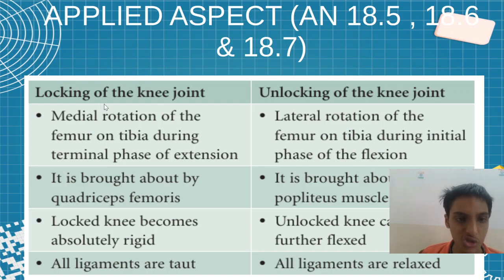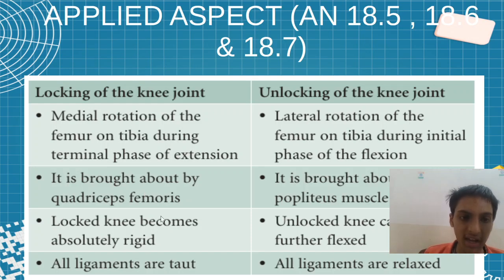So in locking, medial rotation of the femur on tibia during the terminal phase of extension. So the femur rotates on the tibia medially during extension. Exactly opposite is unlocking. Next, locking is by quadriceps. What does quadriceps do? Extend the leg, isn't it? And popliteus is for unlocking, a flexor.